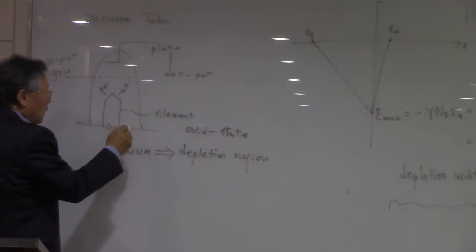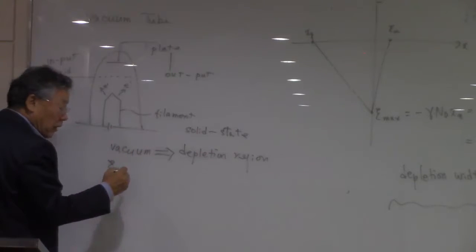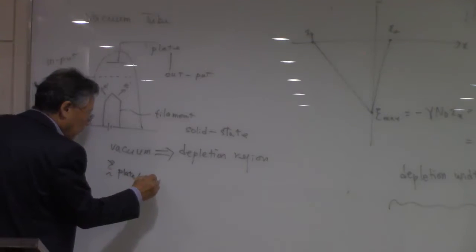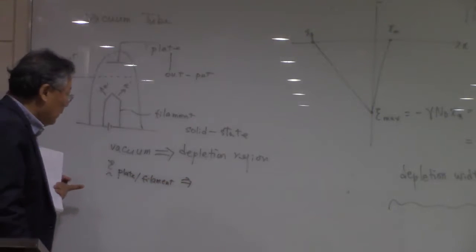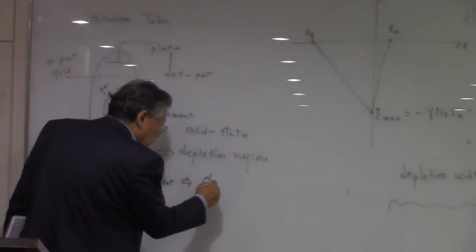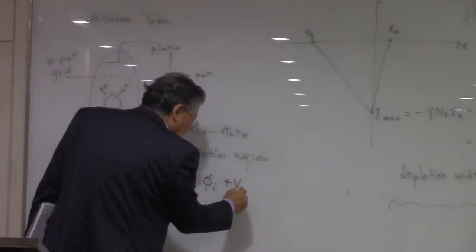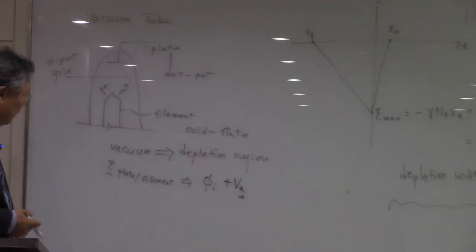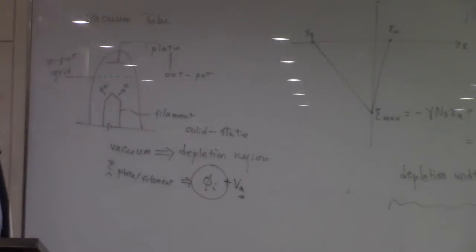And the electric field between the plate and the filament is not exactly what we are going to use; we are going to use the built-in potentials. And of course we are going to apply voltages for this, but basically we are going to use the built-in potential.